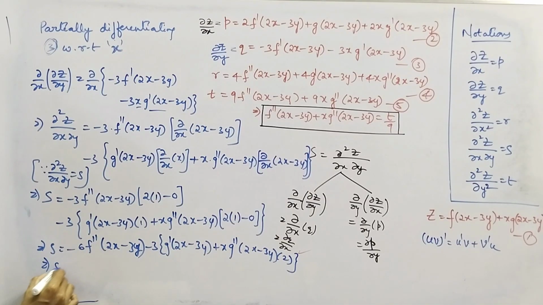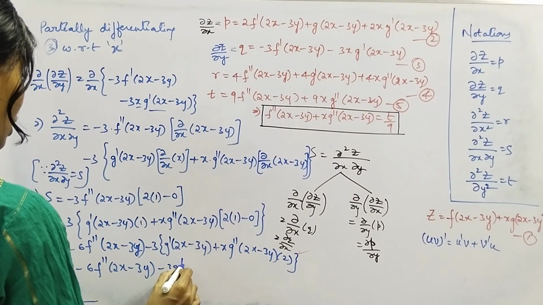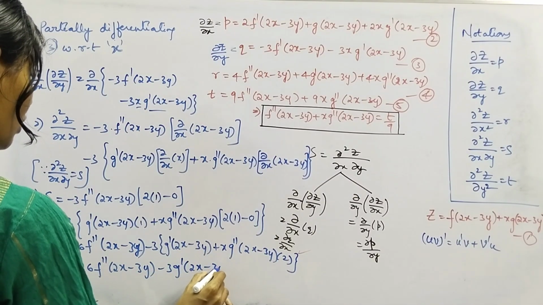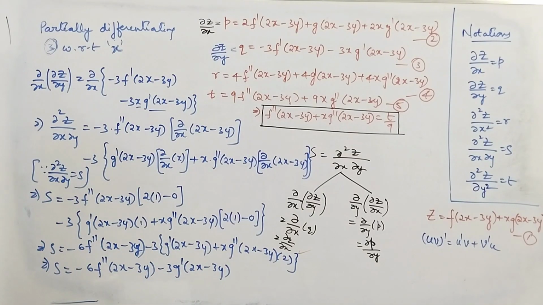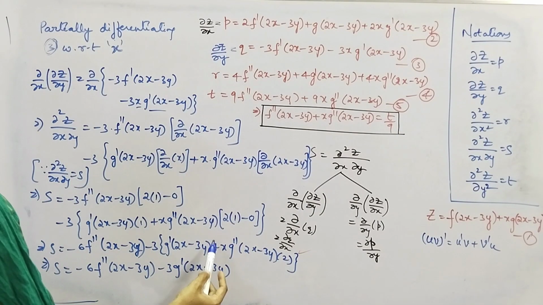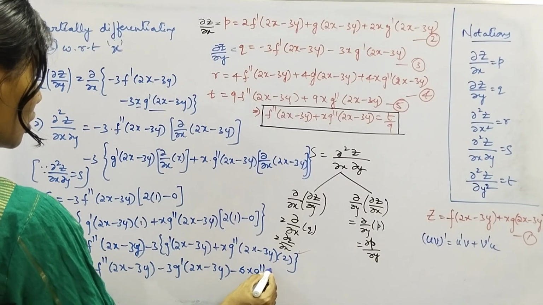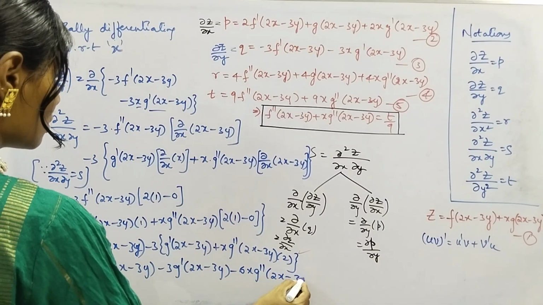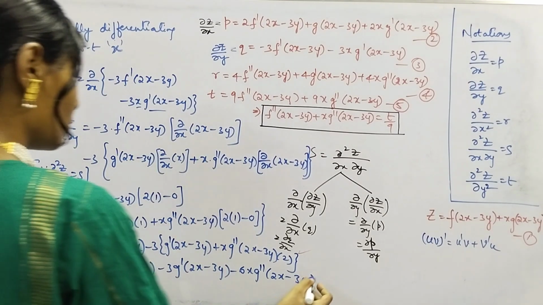This gives us s equal to -6 f''(2x-3y) minus 3 g'(2x-3y). 2 into 3 is 6, minus into plus minus, you'll get -6x g''(2x-3y), considered as equation number 6.